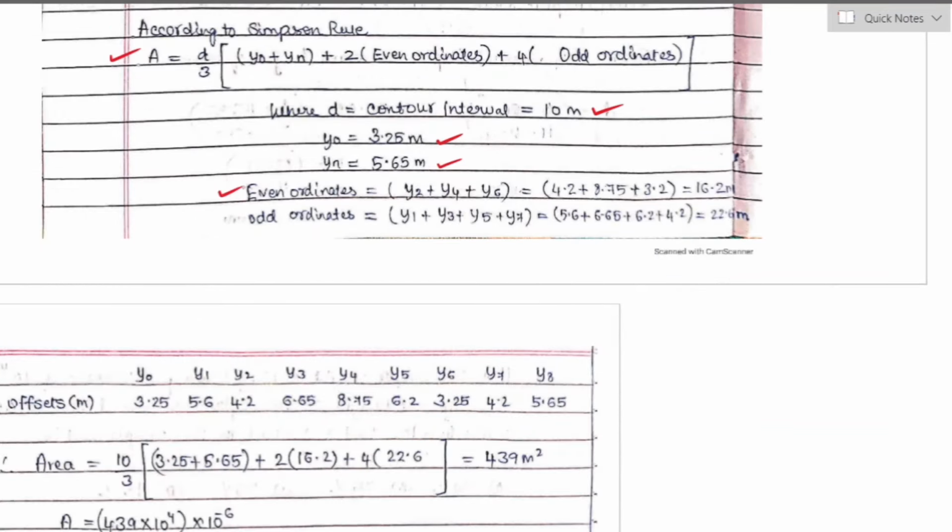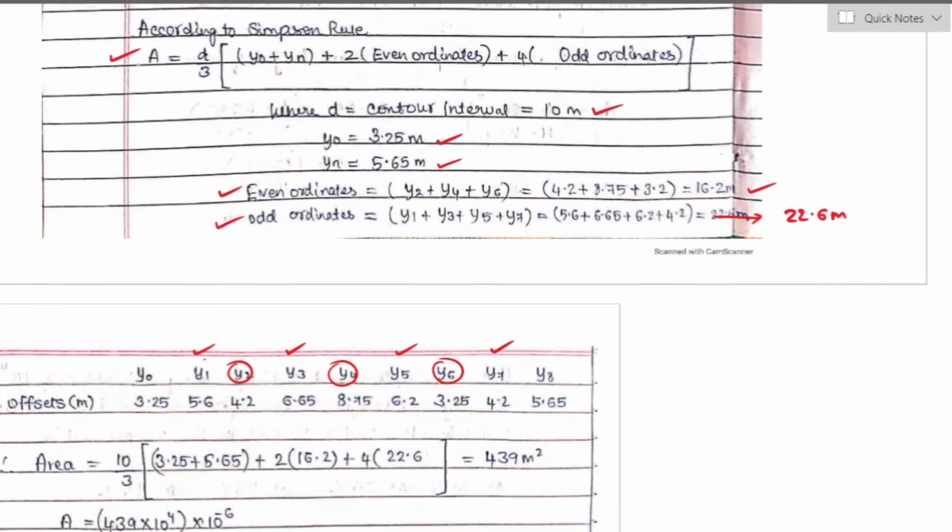Calculating the even ordinate sum, that is Y2 plus Y4 plus Y6, the sum of even ordinates is 16.2 meter and the sum of odd ordinates is Y1 plus Y3 plus Y5 plus Y7. So sum of odd ordinates is 22.6 meter.